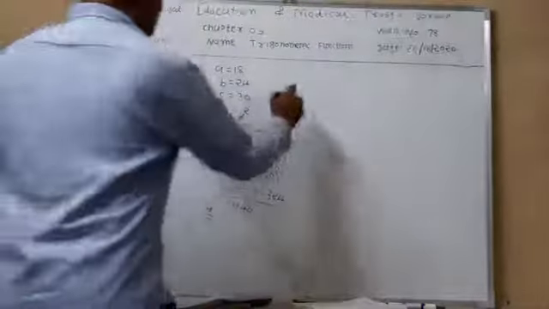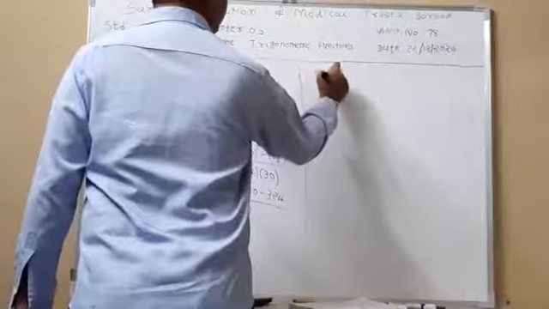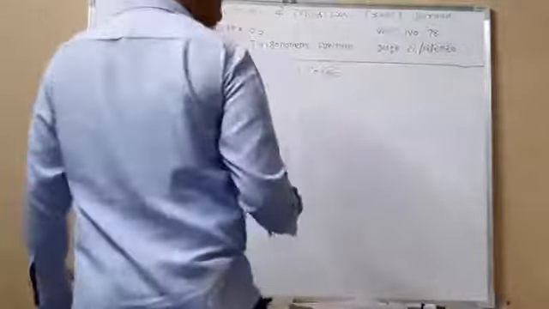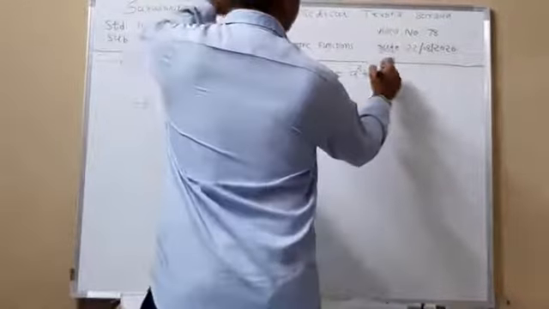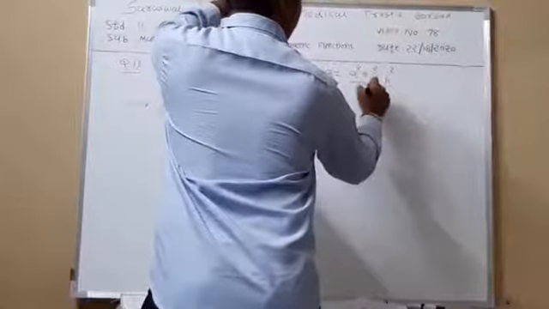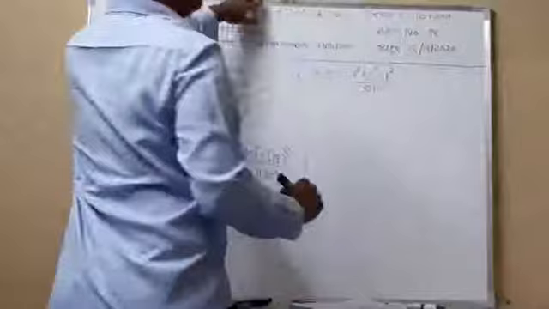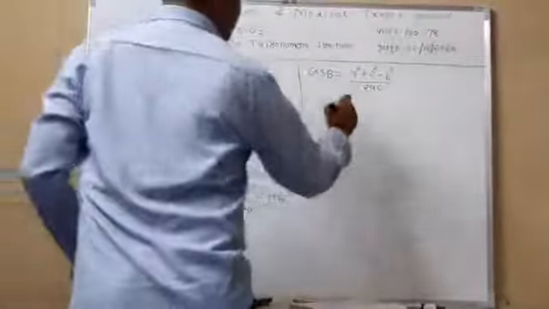Similarly, in the same way, find cos B. So cos B is equal to, the identity is a square plus c square minus b square upon 2ac. Now again substitute the values of a, b and c.